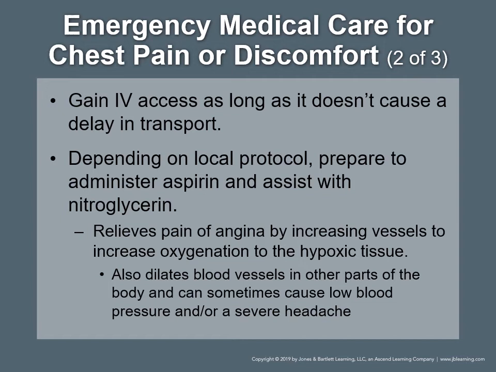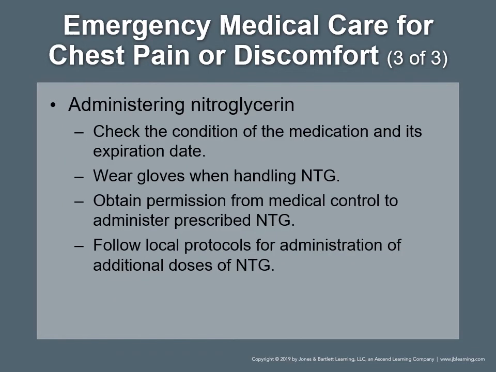It relaxes the muscles of blood vessel walls, dilates coronary arteries, increases blood flow and the supply of oxygen to the heart muscle, and decreases the workload of the heart. It also dilates blood vessels in other parts of the body. It can sometimes cause low blood pressure and or a severe headache. Other side effects include changes in the patient's pulse rate, including tachycardia or bradycardia.